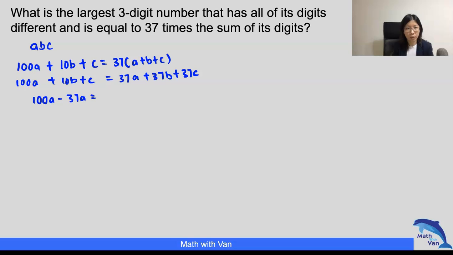You see that this is what we will get: 37B minus 10B, plus 37C minus C.